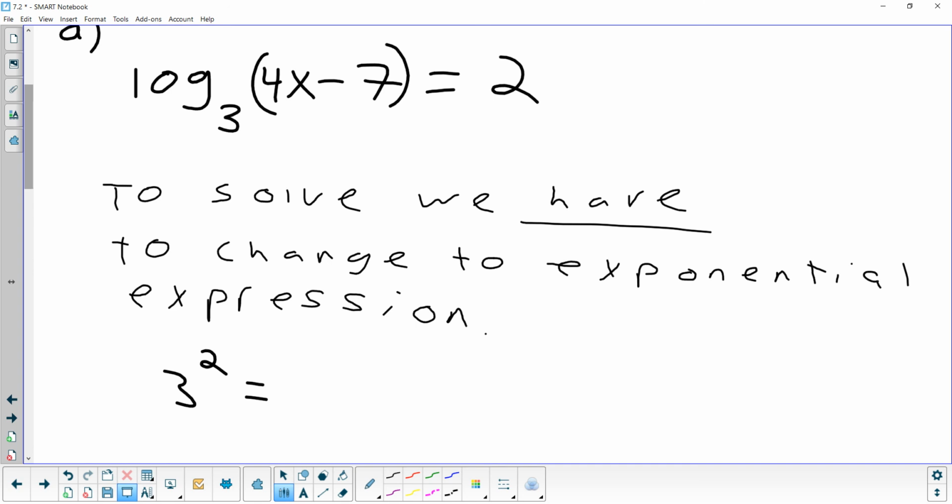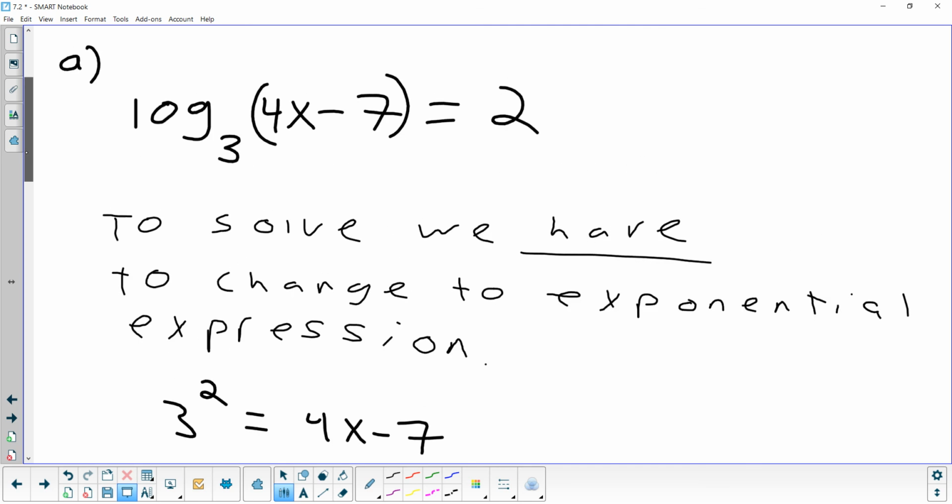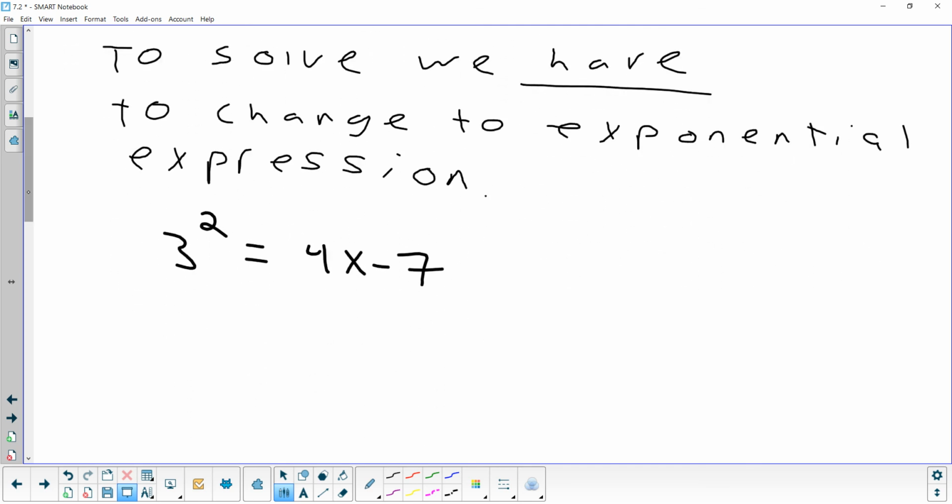What do we call the thing we're taking the log of? The argument. And where does the argument end up? Alone, on the other side, with nothing else near it. So 4x minus 7 is on the other side. Now we've taken the word log right out of the problem, and from here it should just be an algebra 1 equation to solve. What do I do first there?